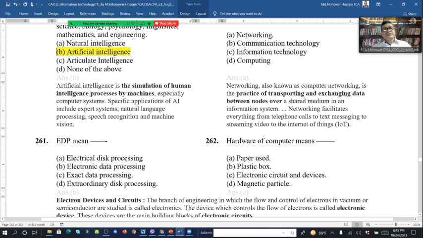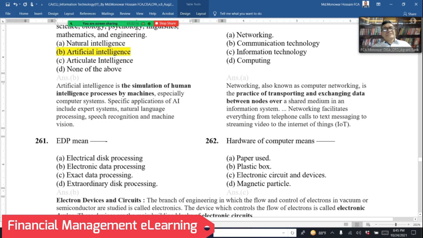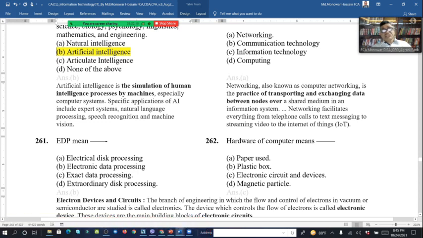Artificial intelligence is the simulation of human intelligence processes by machines, especially computer systems. Specific applications of artificial intelligence include expert systems, natural language processing, speech recognition, and machine vision.